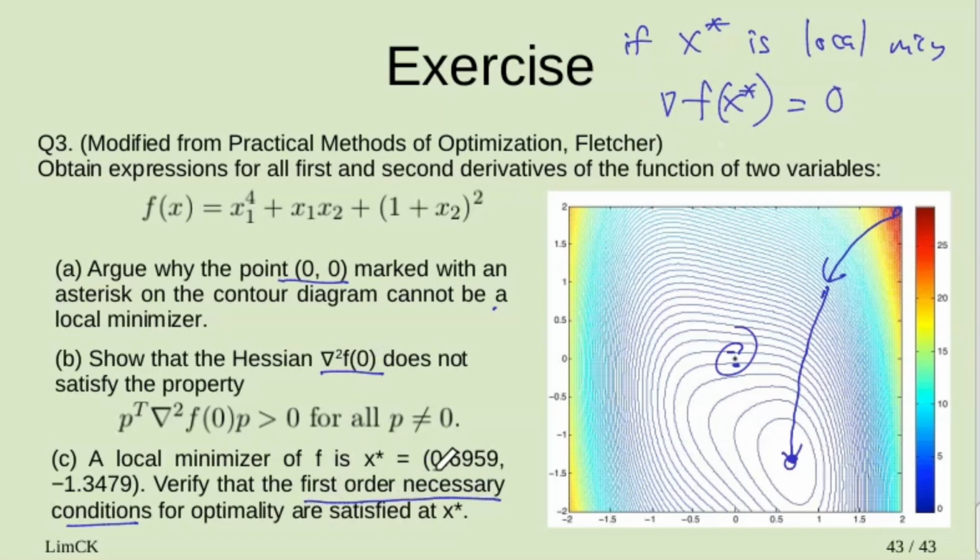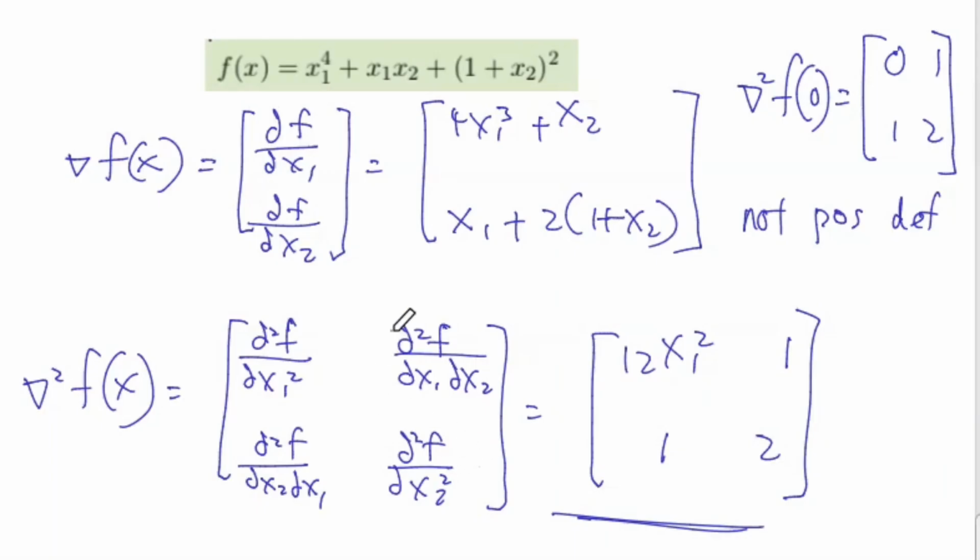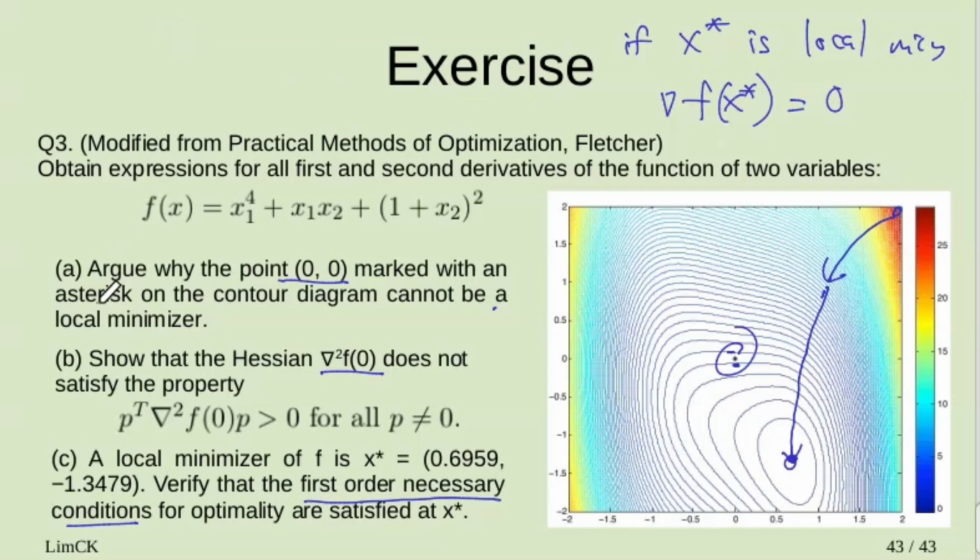So you bring this point, s1 is 0.6959, and s2 is negative 1.3479.